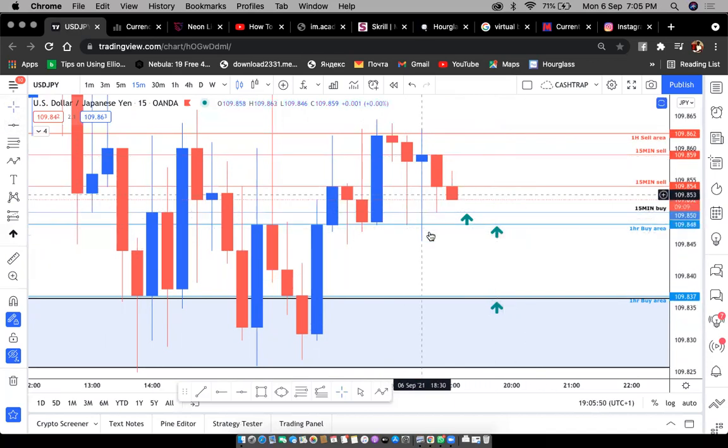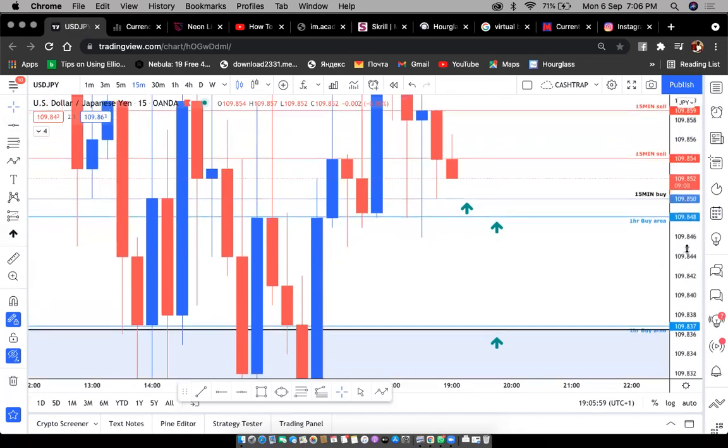Okay, so now price is coming down. Fine, it's good. I love the fact that price is coming down. So if price comes down to my level, it's currently at 52 now. If price comes down to the 850s and I see cash trap giving me an up arrow with 4 points and above trade, I'm going to take it.